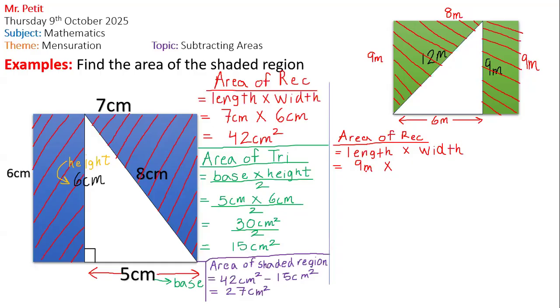So the length is 9. What is the width? 6 meters. No, 6 is for the triangle. The length is 9, that's the longest side. The width of the rectangle is going to be what? 8 meters. 8 meters, very good.